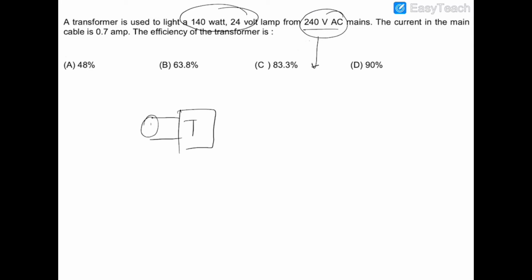So this is the source which has an input voltage of 240, and this is the output which is required as 24 volts, and the main cable current is 0.7, which means that the primary current I primary is 0.7 ampere. So we need to find out the efficiency of this transformer.